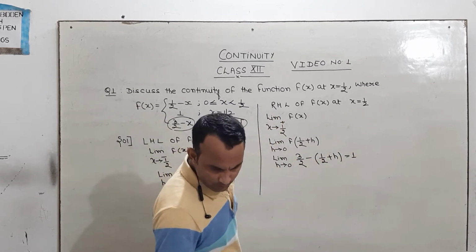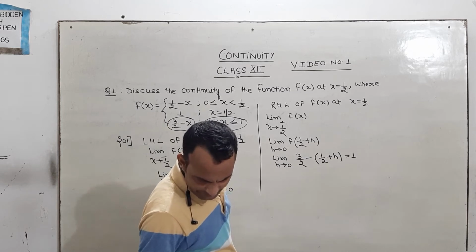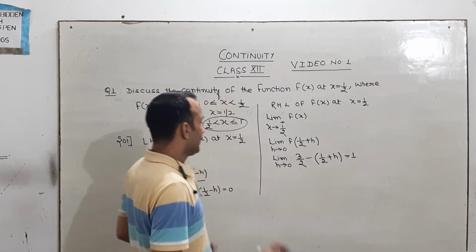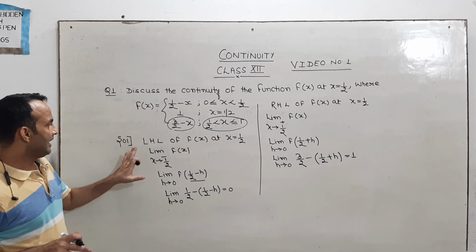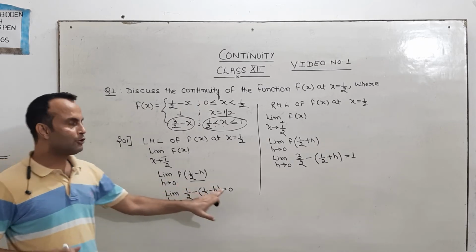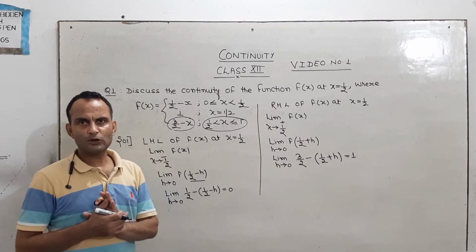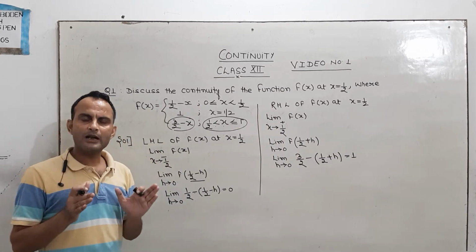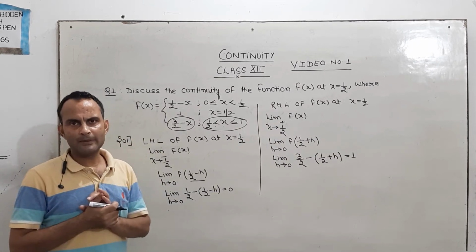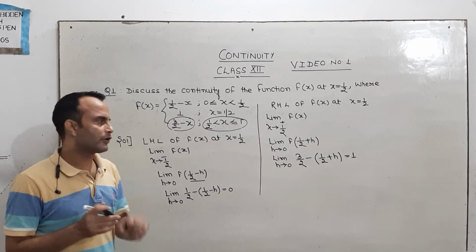Okay, now we have to discuss the continuity in this problem. Here you can see the left hand limit is equal to 0 and the right hand limit is equal to 1, meaning both are not equal. When the left hand limit is not equal to the right hand limit, then the given function is not continuous.